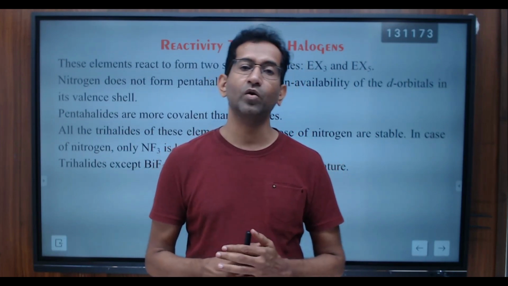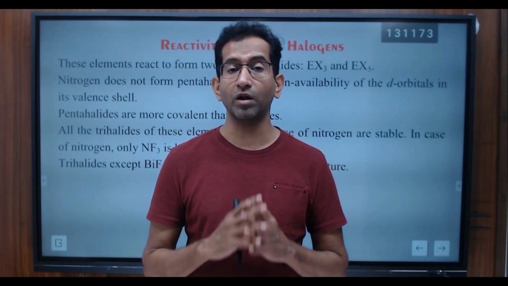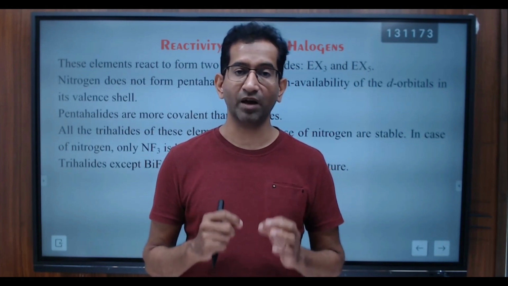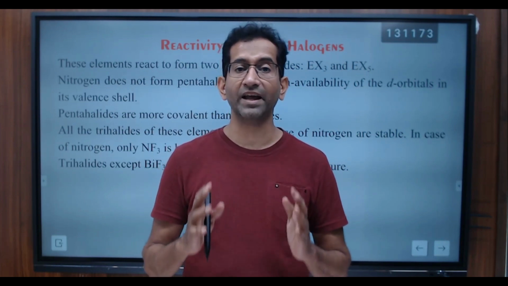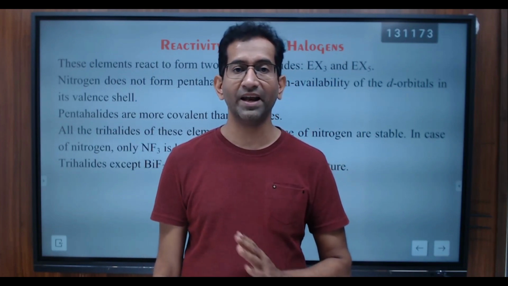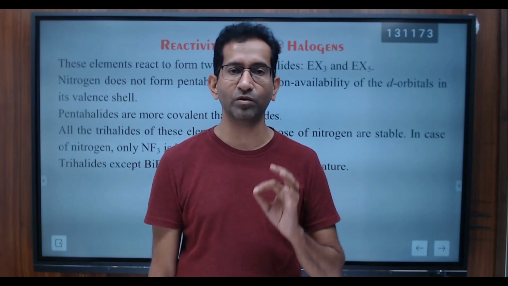Now let me tell you about NX3 also. All the nitrogen trihalides are also not stable. Only NF3 is found stable. Of course, the trihalides of all the other elements of group 15 are stable, but the trihalides of nitrogen are not stable. Only NF3 is found stable.